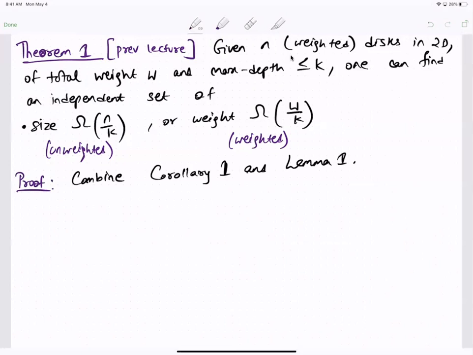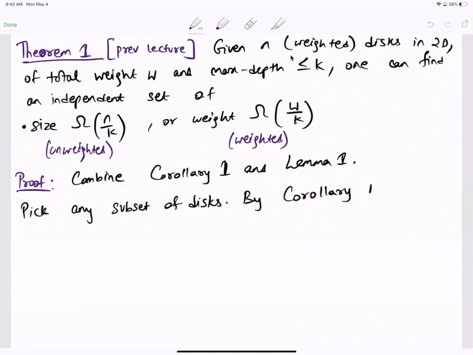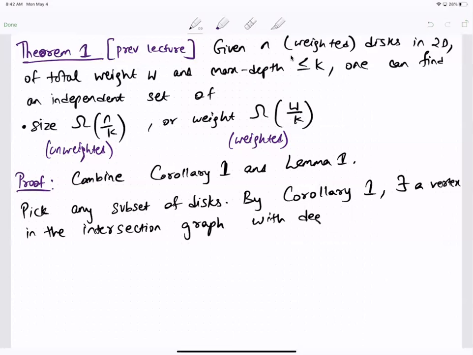Pick any subset of disks. By corollary 1, there exists a vertex in the intersection graph with degree of order K. That corollary was true for any subset.